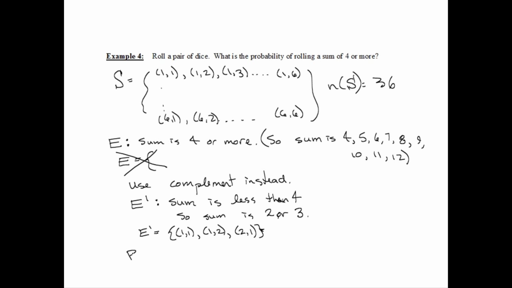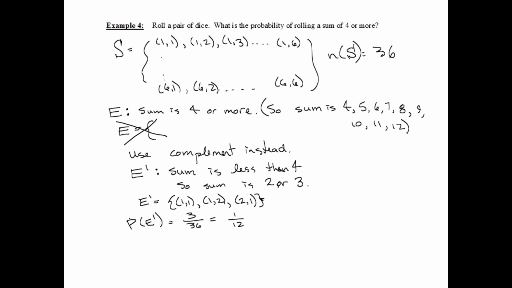So what is the probability of E complement then? 3 out of 36, or 1/12. So now we can use that to find the probability of E. Okay, so this is going to be 1 minus 3 over 36.